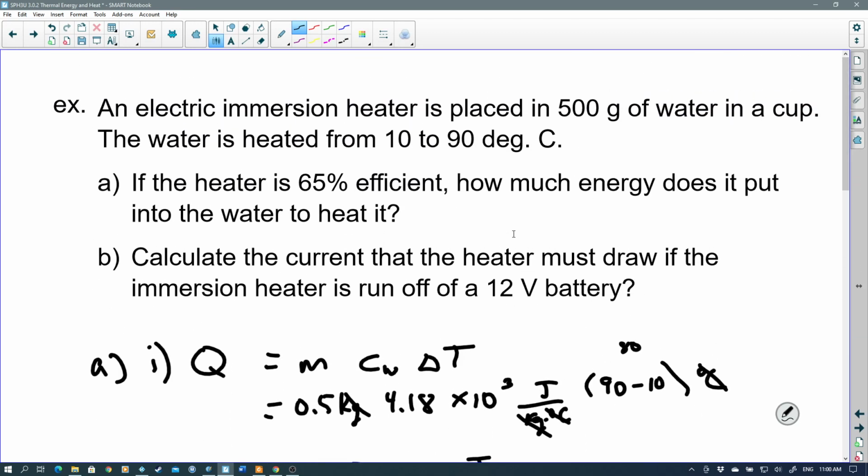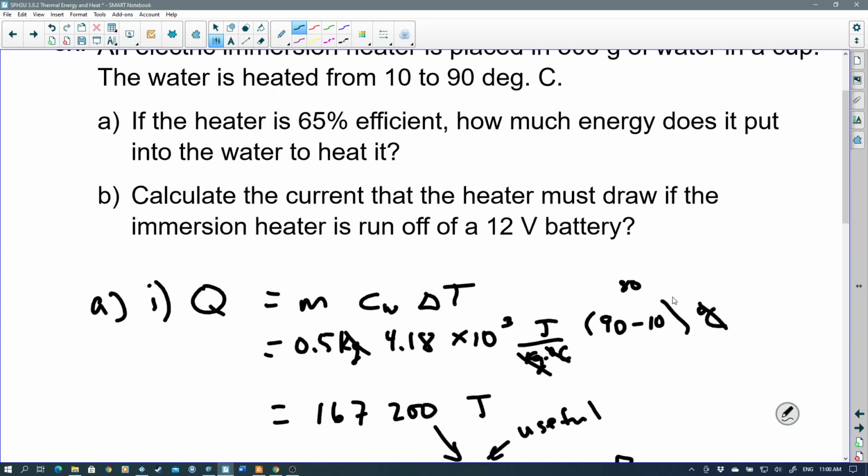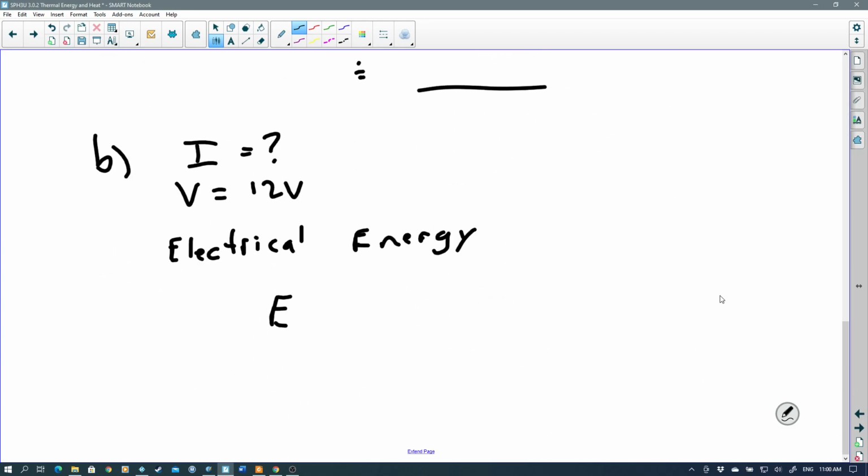Now I just realized that there is a quantity missing here. We also need the amount of time for which this thing is submerged, because the equation that we are going to use is going to be the following one: VI times the time.